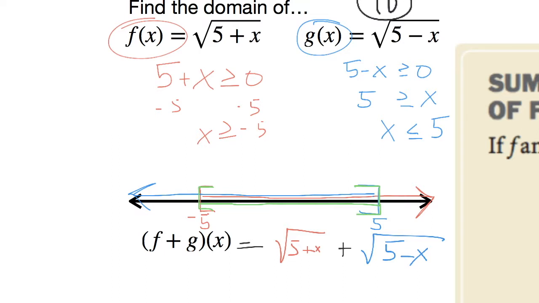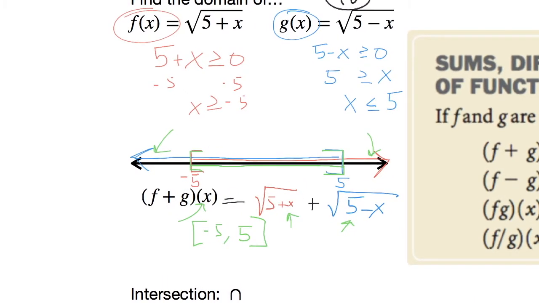So the domain for this total function is going to be from -5 to 5. If you try and put a number outside here or here into the function, then you're going to get a negative number somehow, either here or here.